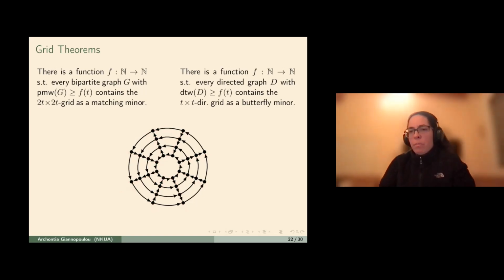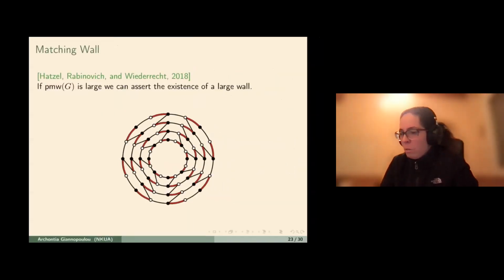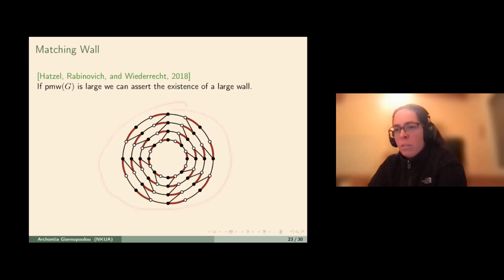And those two theorems actually give us already that if the perfect matching width of a graph is big enough, whenever the graph of course is bipartite, we can find in it a wall. Not a flat wall, just a wall. It would be very nice if we could say, okay, we directly got our flat wall, but it's not the case. So we get a large wall, and this is what the wall looks like for us.